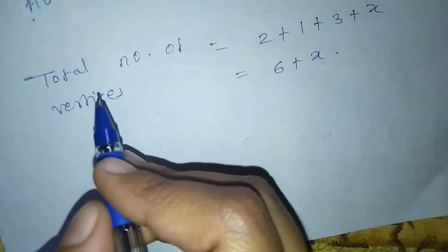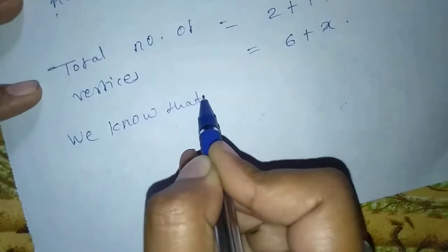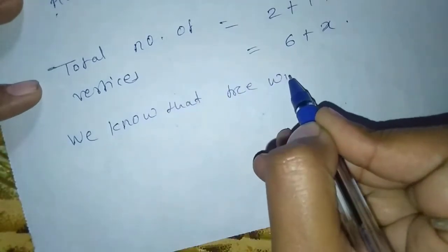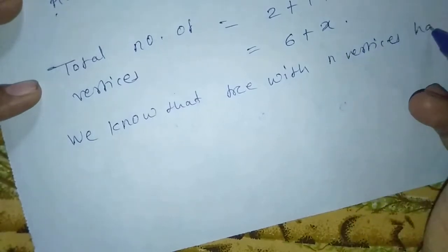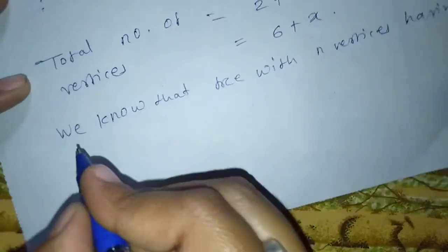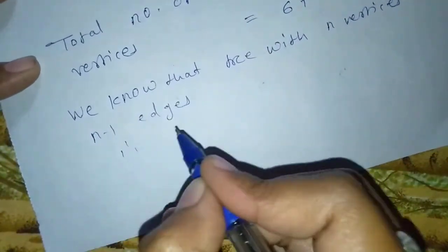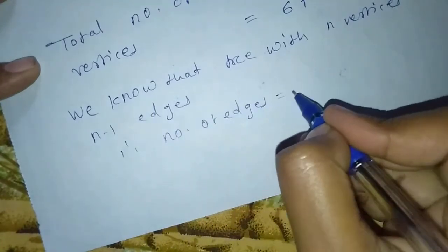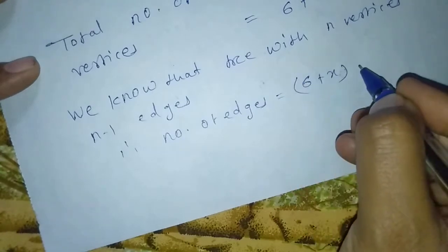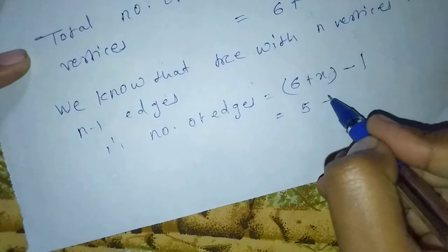We know that a tree with n vertices has n minus 1 edges. Therefore, number of edges is equal to 6 plus x minus 1, which is equal to 5 plus x.